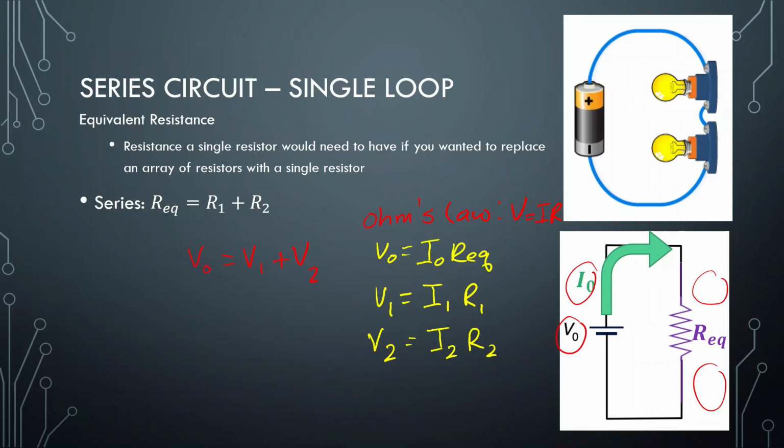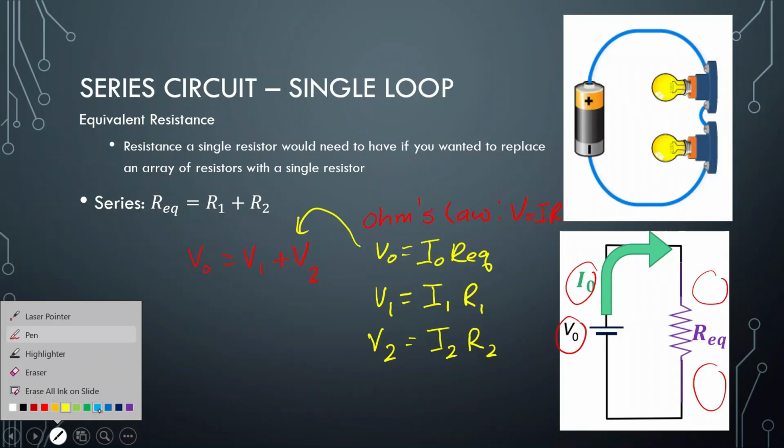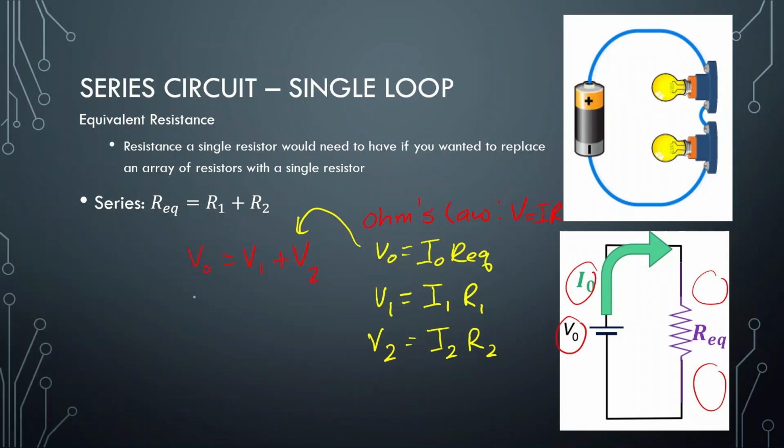So I can sub those in to my equation for Kirchhoff's loop rule. So I'm going to get that V0 is I0 times Req. V1 is I1 times R1. And V2 is I2 times R2.